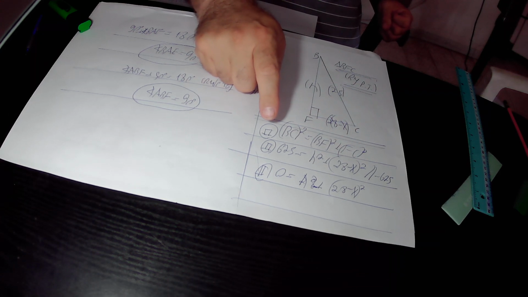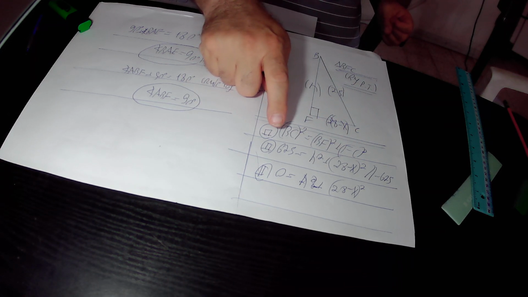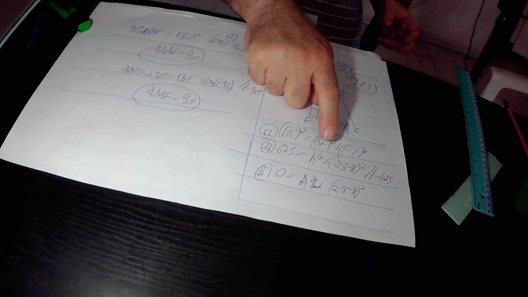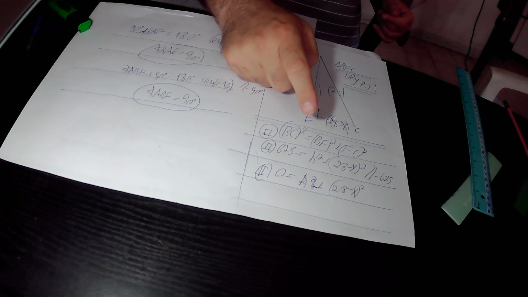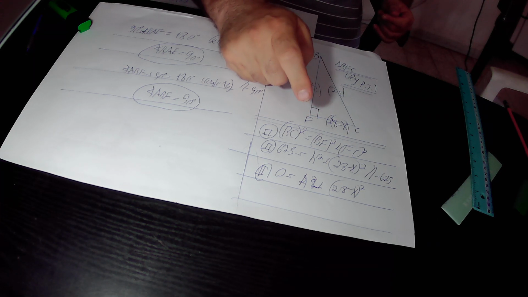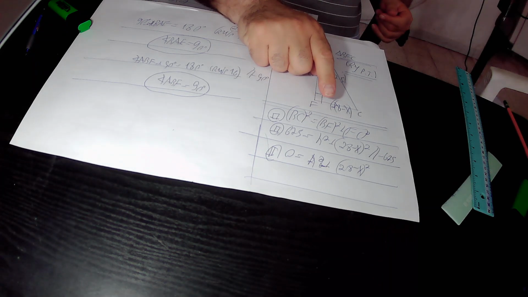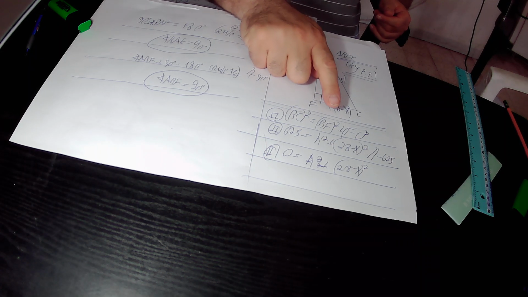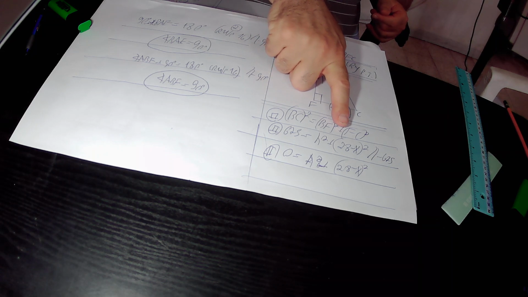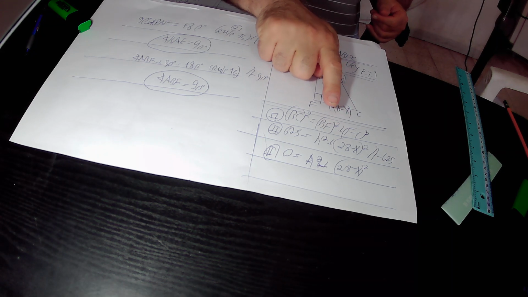So we found that according to equation 2, 625 equals 8 squared plus (28 minus X) squared. Before we subtract 625 from this equation, we have to open the brackets on the expression (28 minus X) squared.